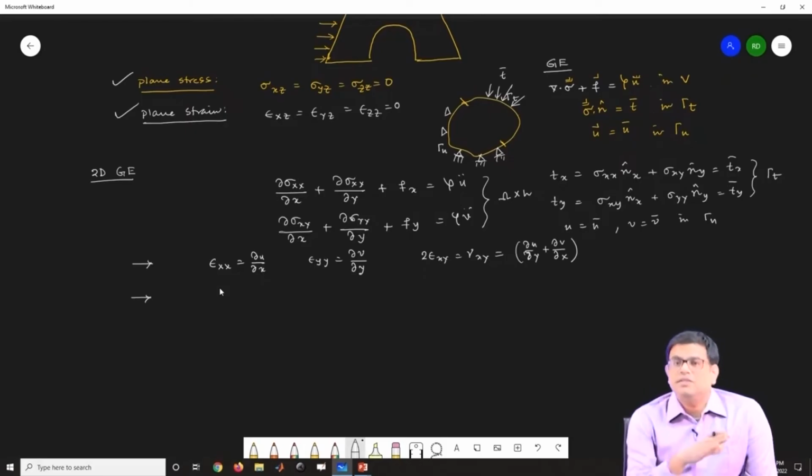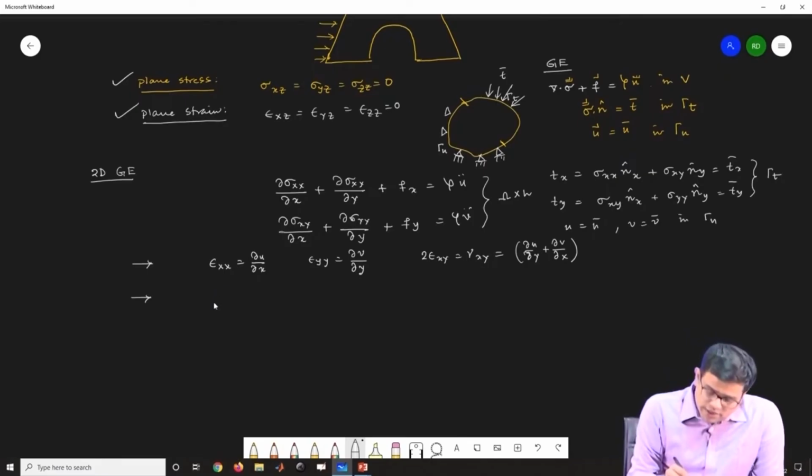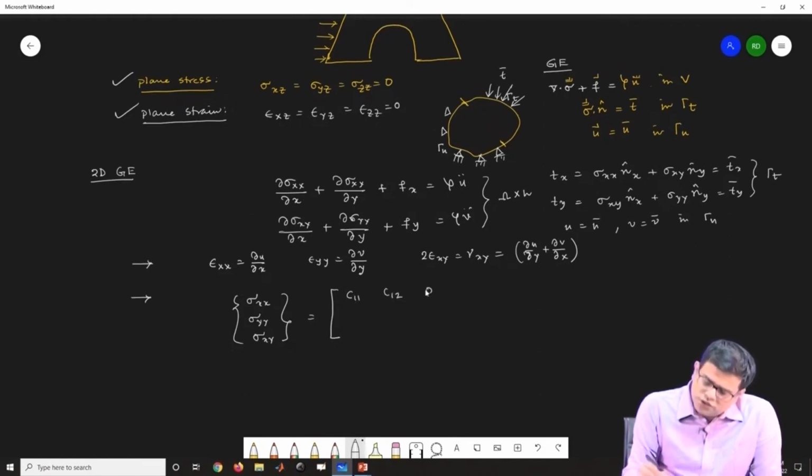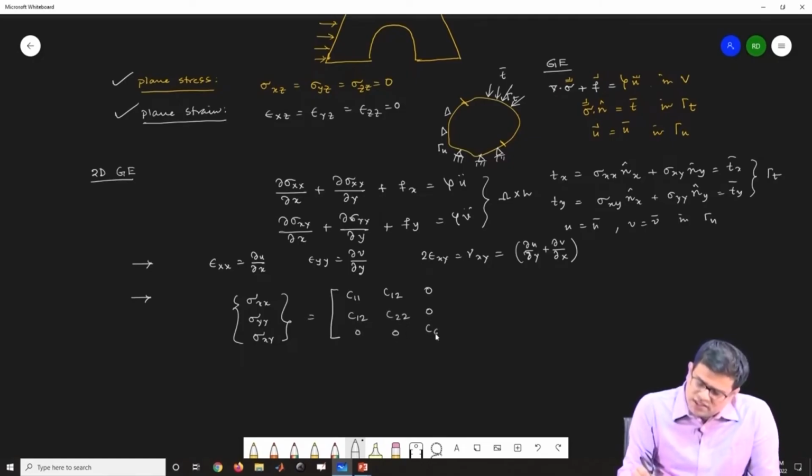Orthotropic means there are two directions where the properties are different. So essentially the stress-strain relation, I am just writing it in matrix form: σxx, σyy, σxy equals the matrix C11, C12, 0; C12, C22, 0; 0, 0, C66.